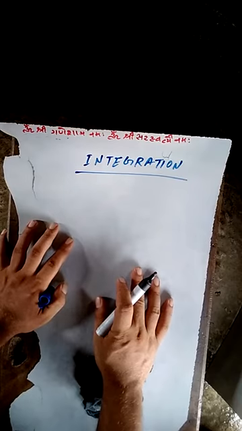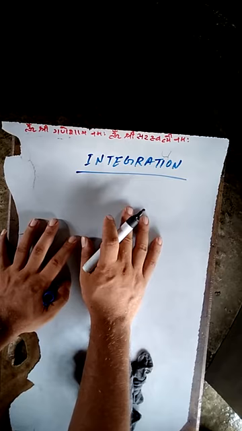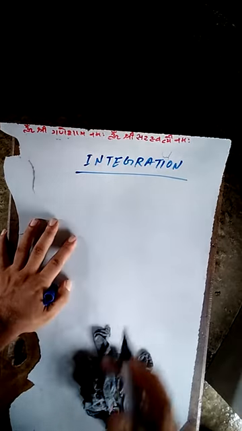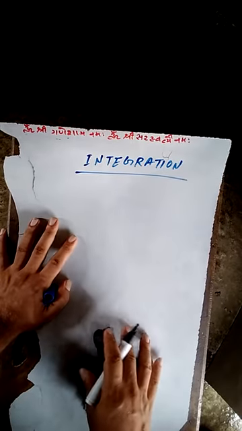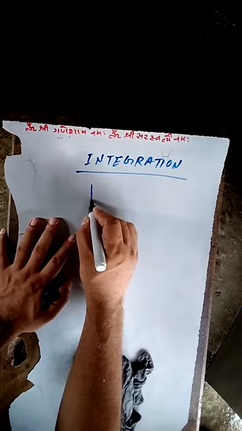Among those, one is to find the area under the curve. The application of integration that we often do while studying physics is finding the area under the curve. So we will find the area under the curve.